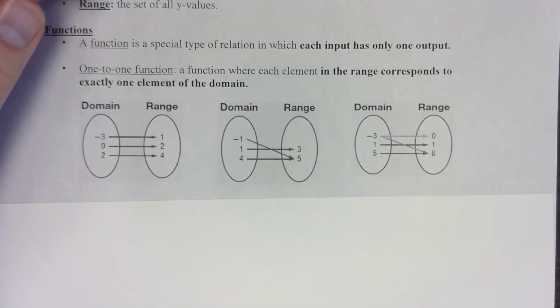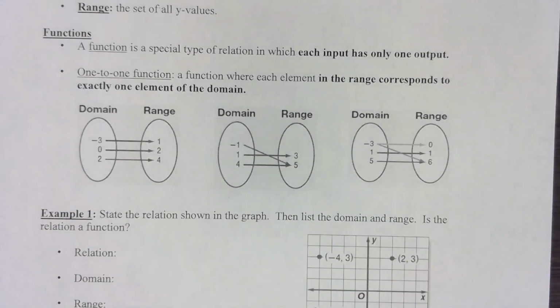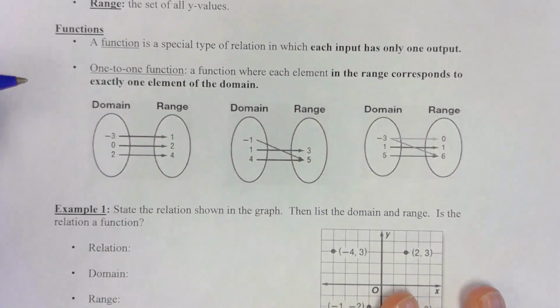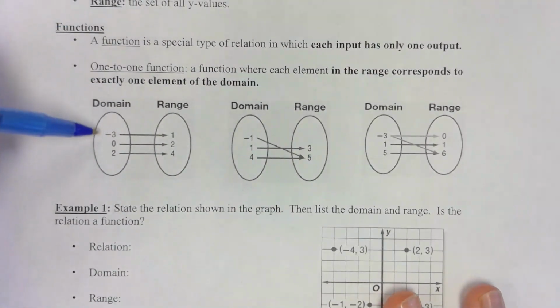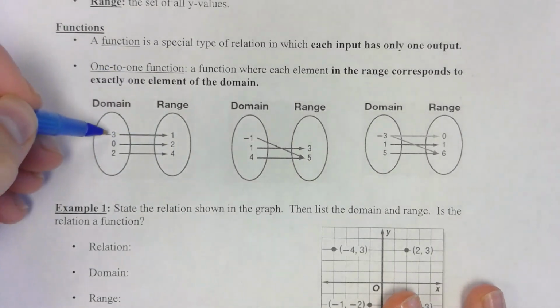So let's look at these domain and range statements here and see which one is a function and which one is not. And I'm going to help you with that because I know that these little bubble ideas are new to you. So these are all of our x values and these are all of our y values.